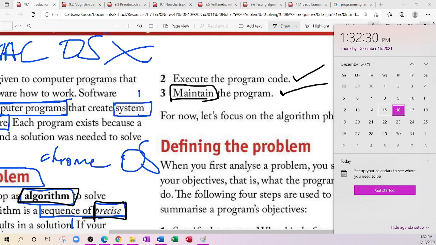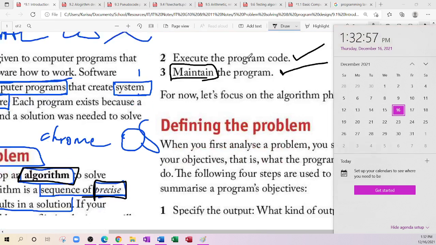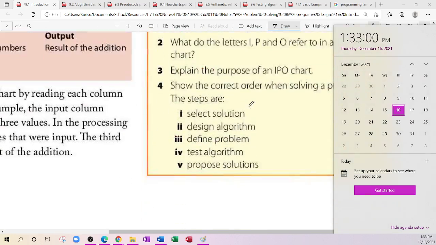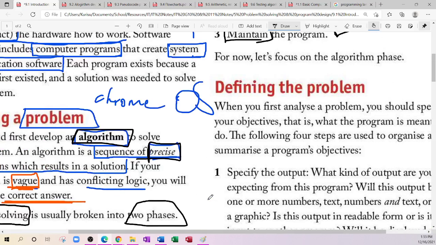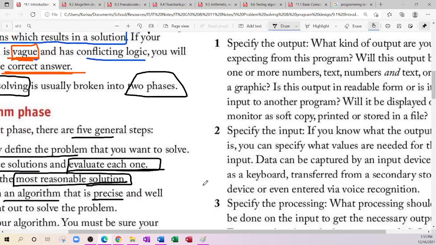Yeah, we're gonna end at 2. Do you want to go longer? I want to finish off this chapter. This seems like we're moving a bit slow. Hopefully we get to finish off this chapter at least.